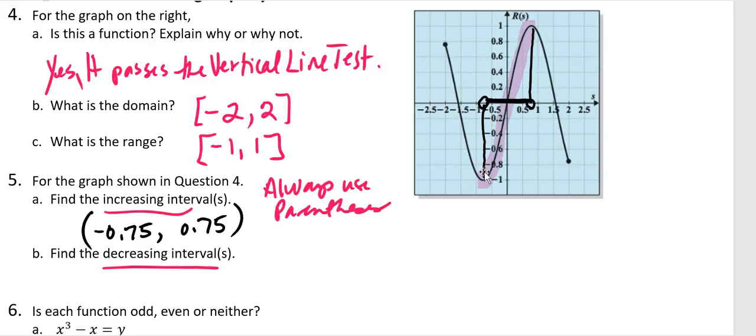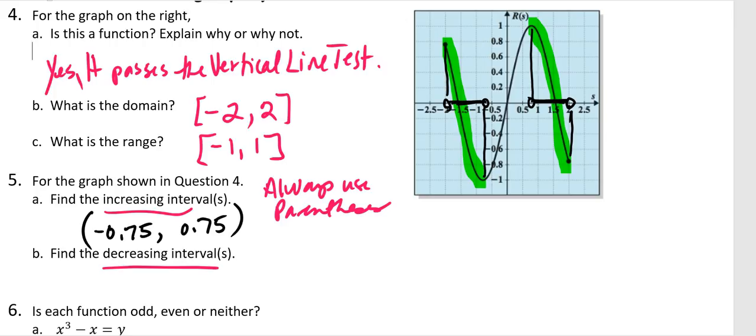Now my decreasing interval will be where the green is. These are where we're going downhill. So we want to transfer the locations where I'm going to be changing from increasing to decreasing onto my x. Okay, and now I want to describe the region I'm trying to go is from here to here, right? So I can transfer that one too.